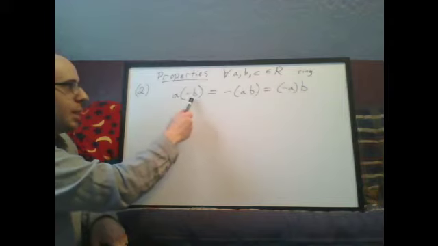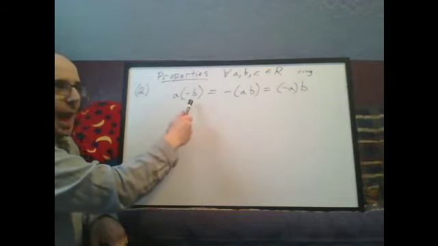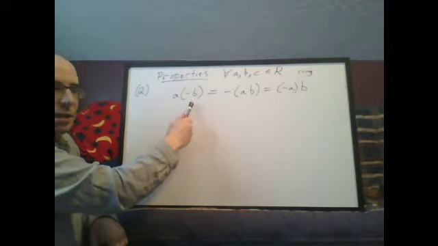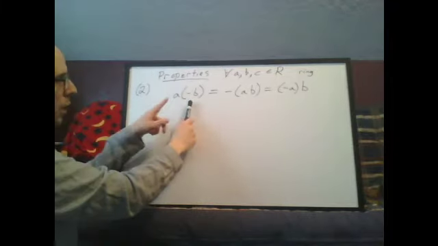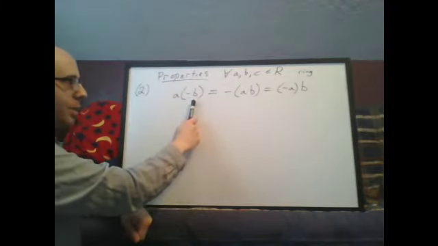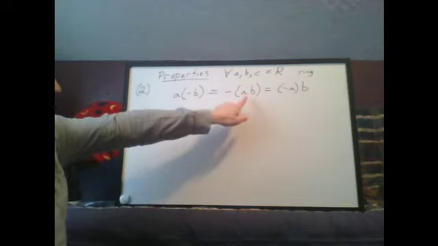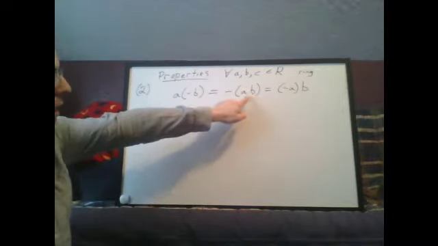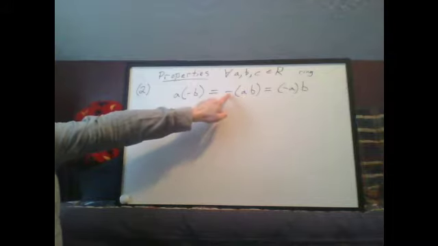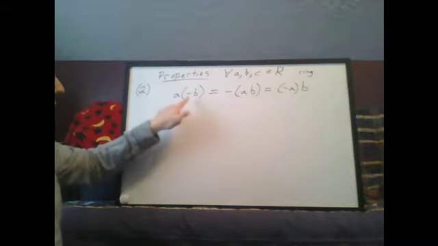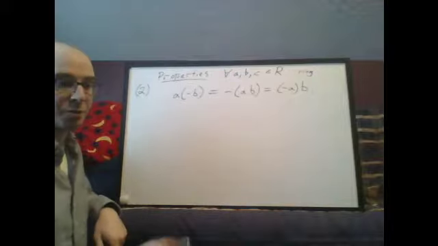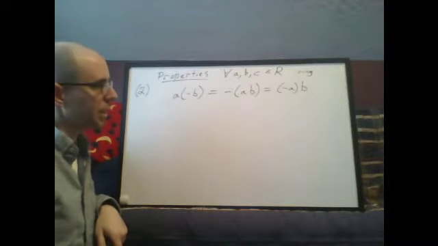Negative b is by definition the additive inverse of b. And so I have two elements, a and the additive inverse of b, and I'm multiplying them here. In the middle, I have a times b, and then I'm taking its additive inverse. So this is saying those two processes give you the same outcome. They give you the same element at the end.